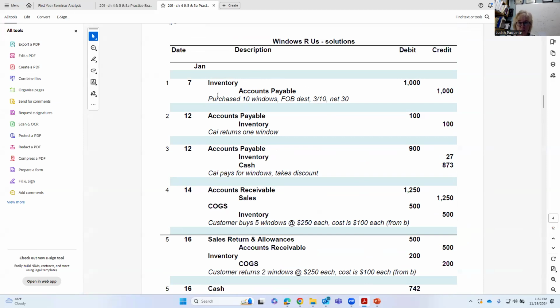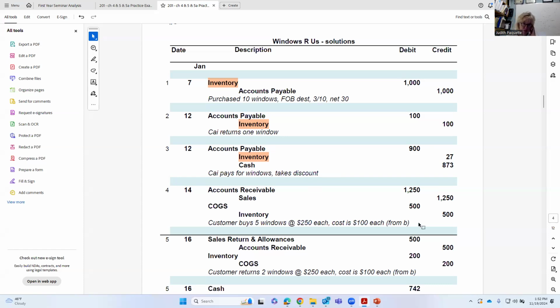Purchased, it's perpetual, so all of that goes to inventory. That's how we do it. Return, we reduce the inventory. And then when we pay the bill and we get that discount for prompt payment, that's also a credit to inventory.